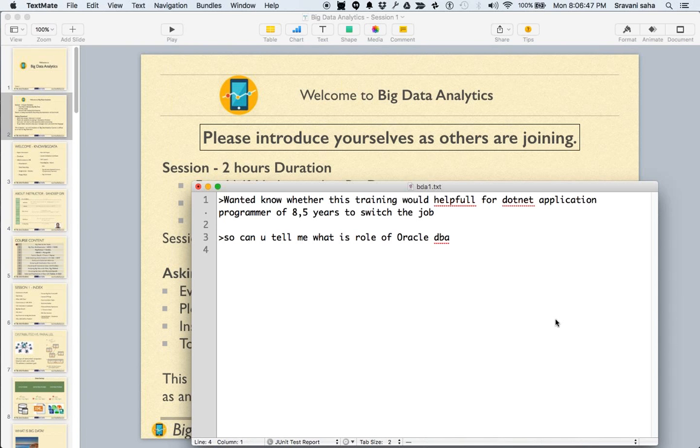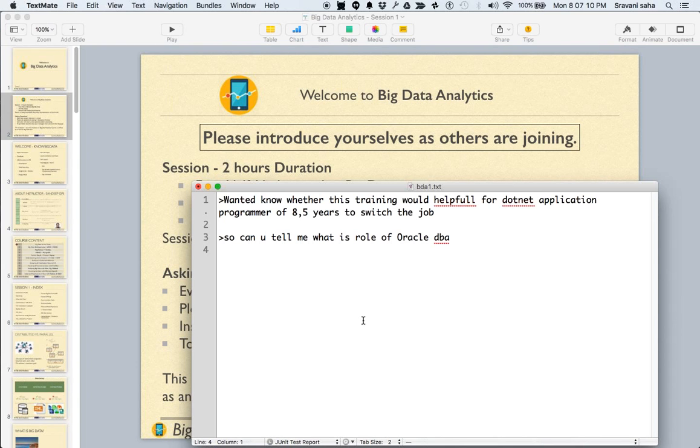So we have Pawan. Pawan is a mainframe developer. Welcome, Pawan. If you are looking for a developer's course, I would actually recommend a big data and Hadoop kind of course. But do not worry.